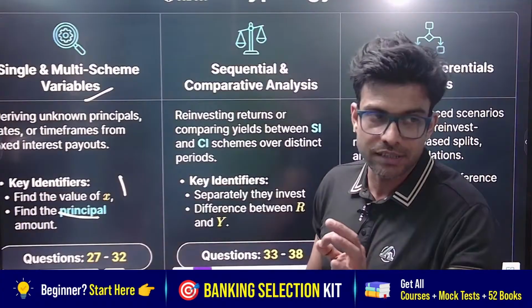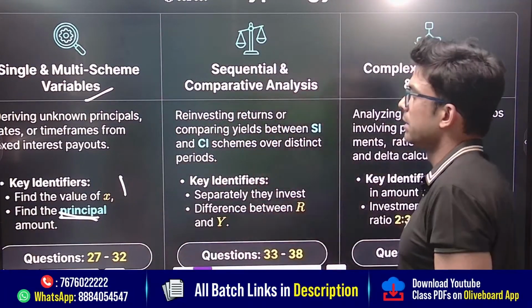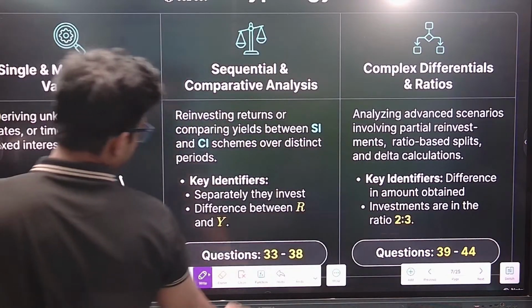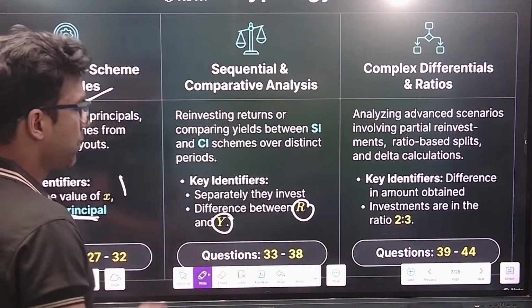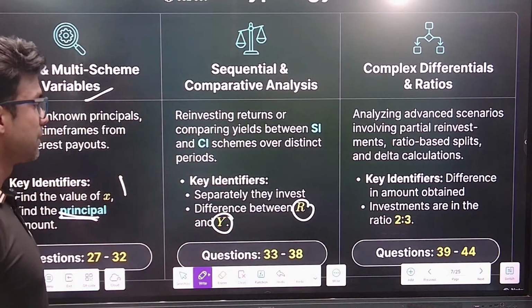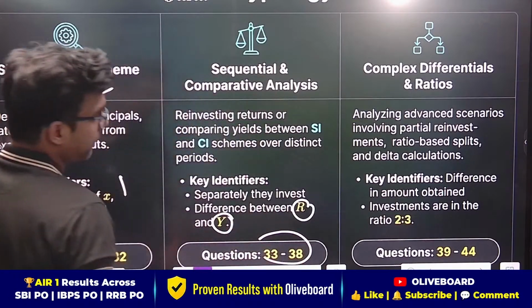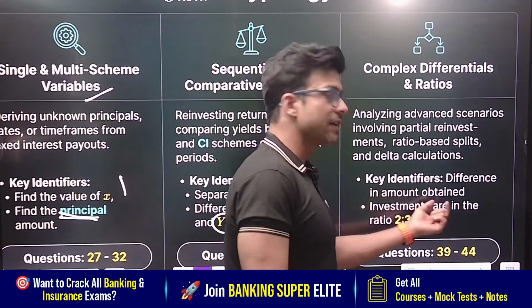First of all, they are asking questions on finding the principal or amount. Second, they are asking the difference between SI and CI, and the total questions we're going to practice are 33 to 38. Third, analyzing advanced scenarios, where they're asking the difference of amount.